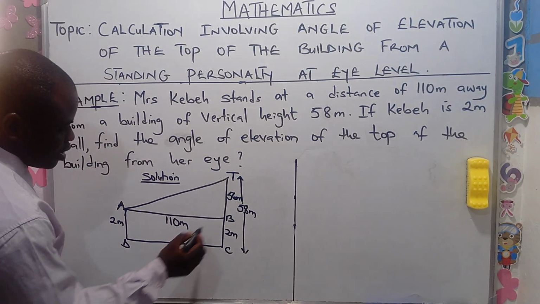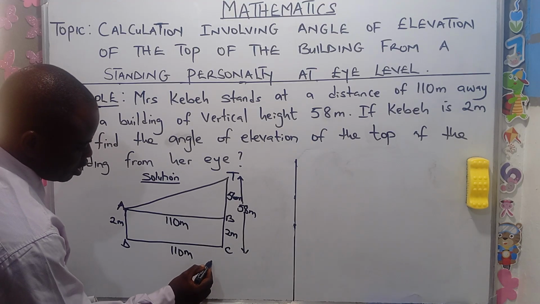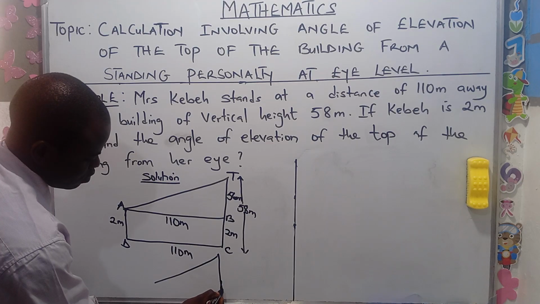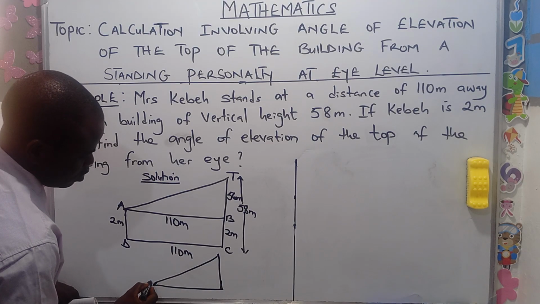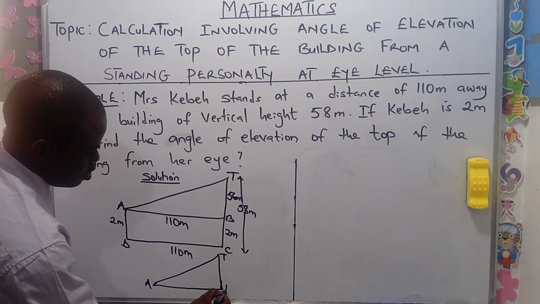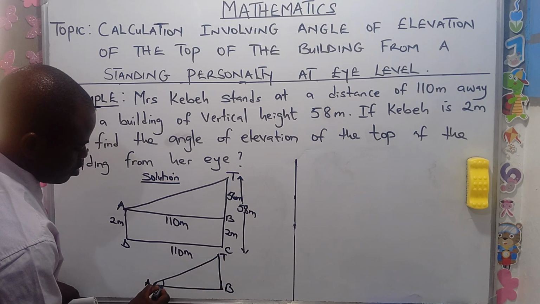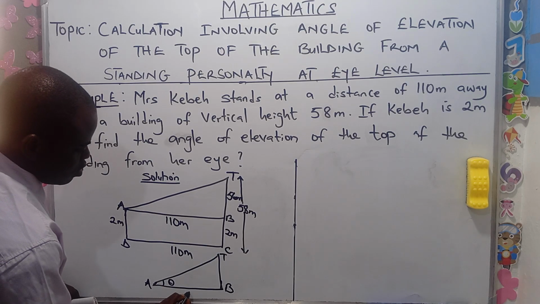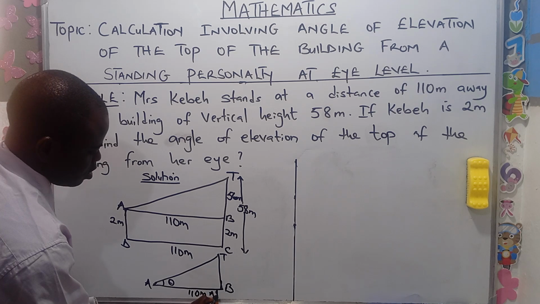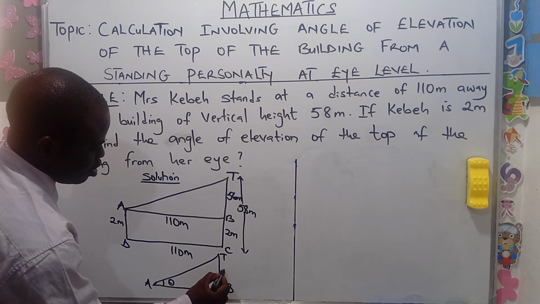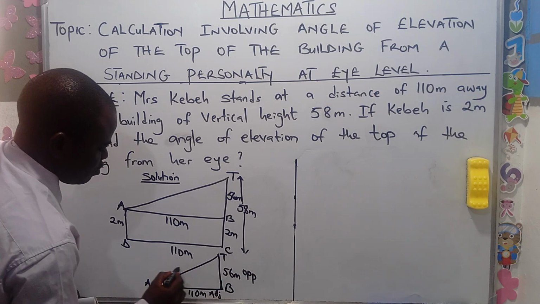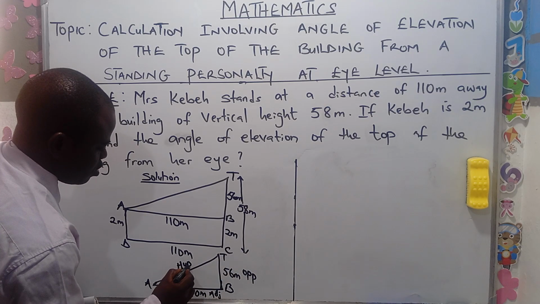Now let's bring out the triangle that we're interested in. This is A, T, B. For this angle theta, 110 meters is the adjacent, 56 meters is the opposite, and this is the hypotenuse.